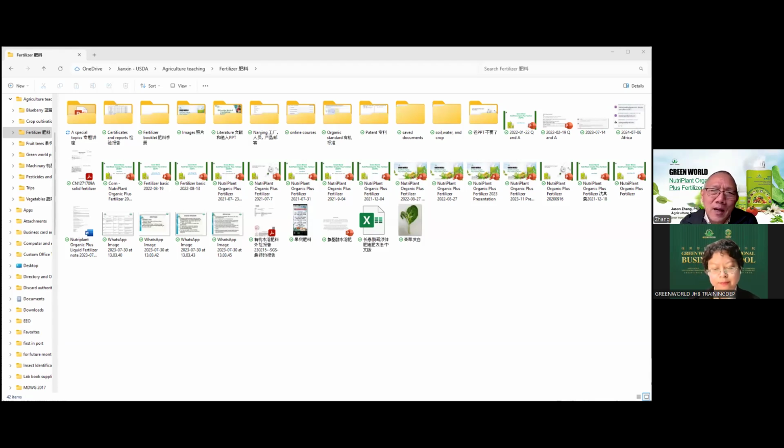This is a slide I use many times. This is one of the experiments. It's nice. I like it. And use conventional fertilizer only, or you can use only NOPF, or you can combine both together.